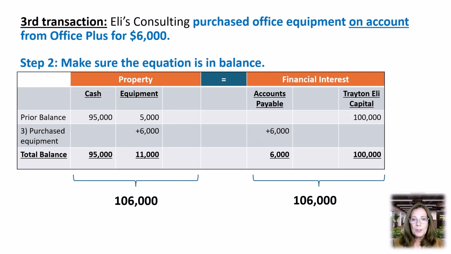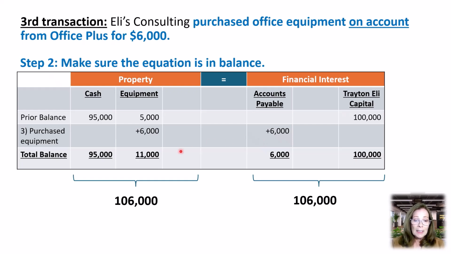And we're ready to write this transaction into our equation by writing plus $6,000 in the equipment column to show that the company now has more equipment, and then adding another category for accounts payable on the financial interest side and writing plus $6,000 in the accounts payable column.